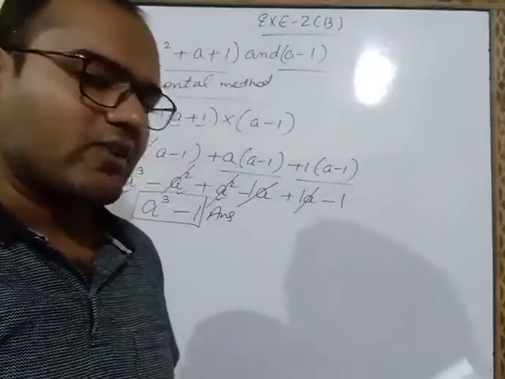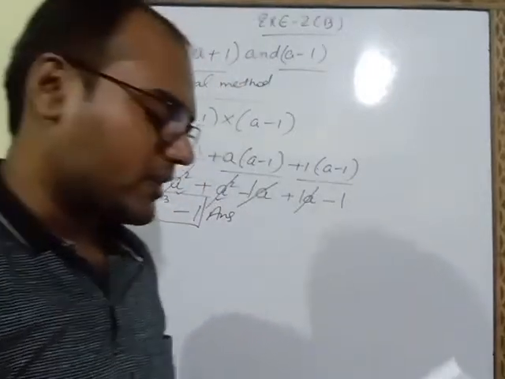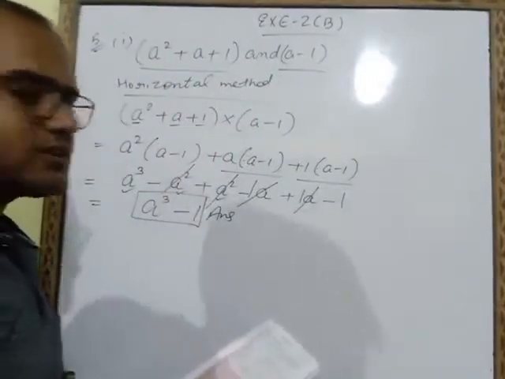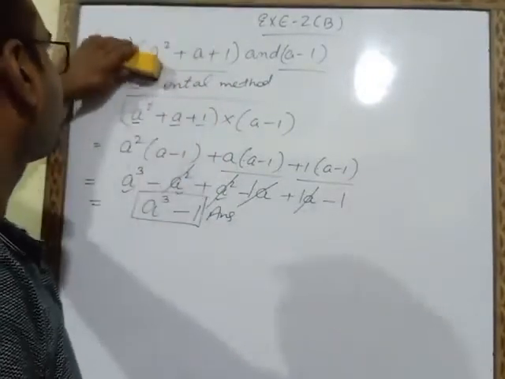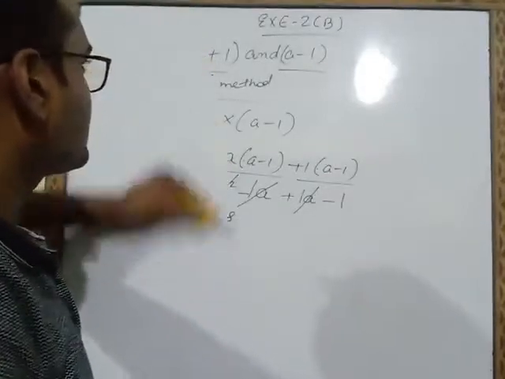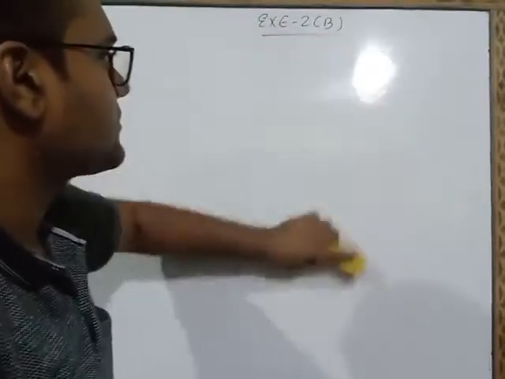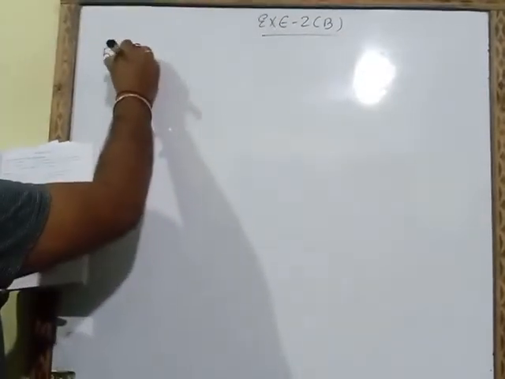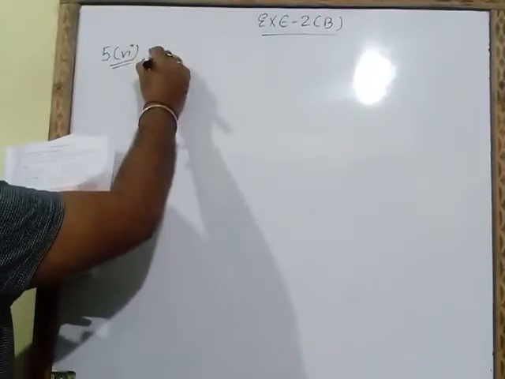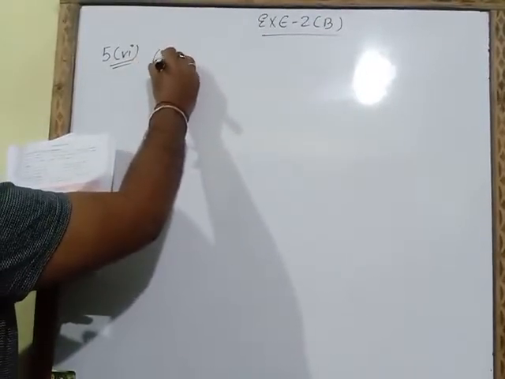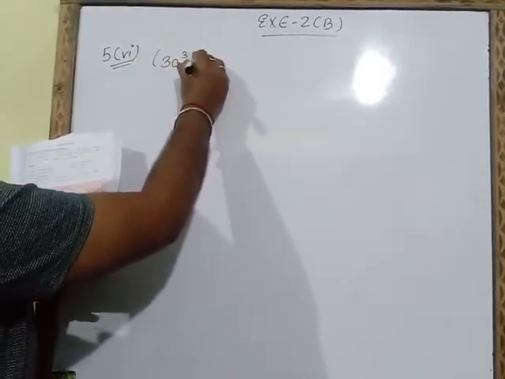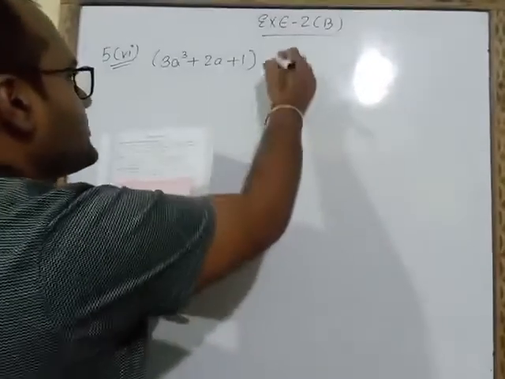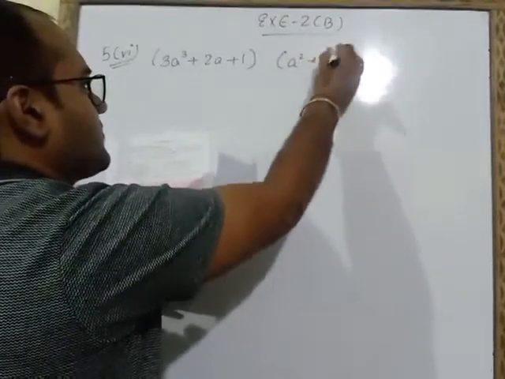Now another part I will explain to you with another method, the column method. See part number six, fifth question, sixth part: (3a cube plus 2a plus 1) and (a square plus 5).